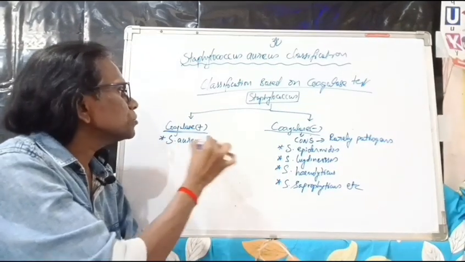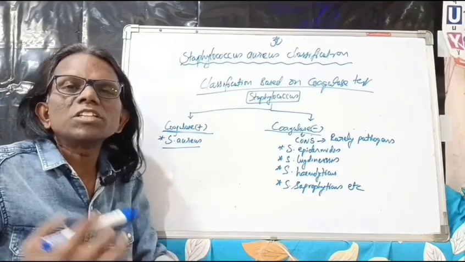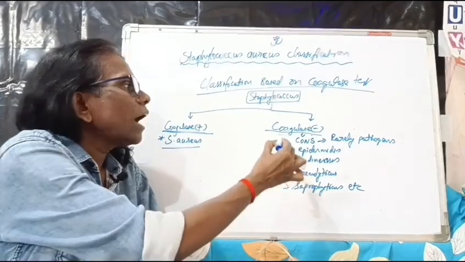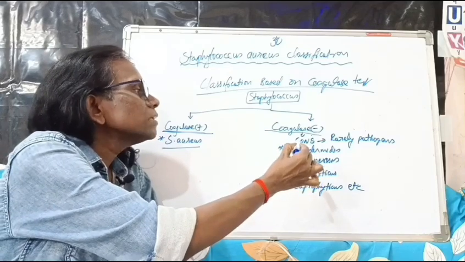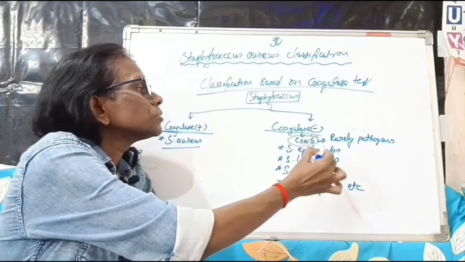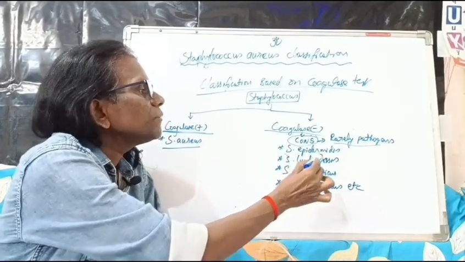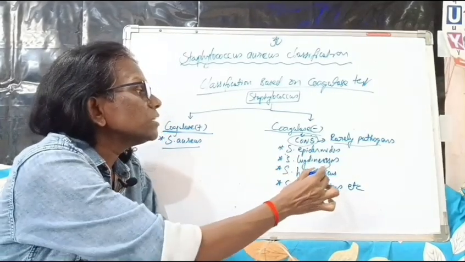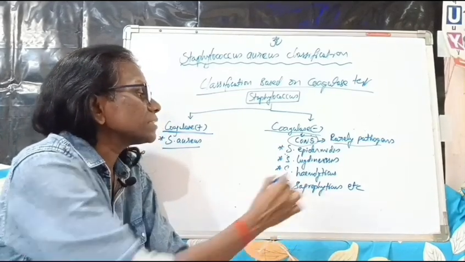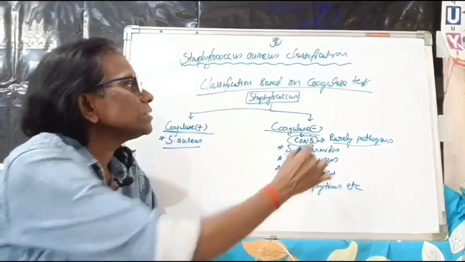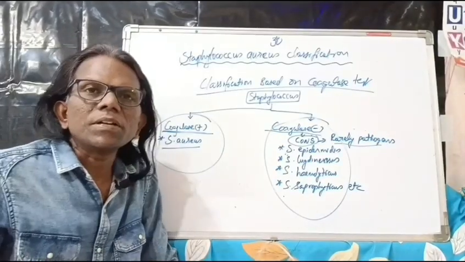Staphylococcus aureus is the coagulase-positive Staphylococcus. Coagulase-negative Staphylococci are commensals and rarely pathogens. Examples are Staphylococcus epidermidis, Staphylococcus lugdunensis, Staphylococcus haemolyticus, and Staphylococcus saprophyticus, etc.